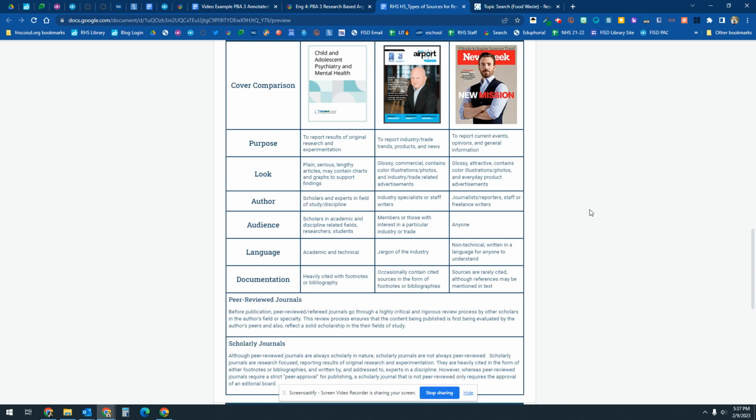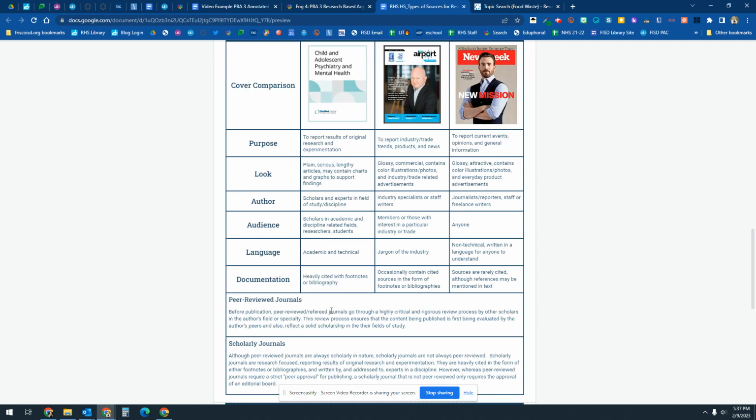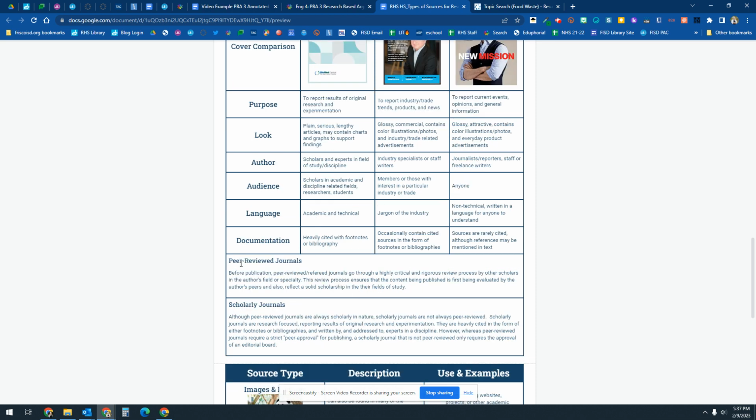So down here we have a neatly laid out comparison between scholarly journals or academic journals, trade journals, and then popular journals. This can help you understand the difference, who writes for these, and what the documentation is and things like that. And then there's an explanation here of peer-reviewed journals and scholarly journals.